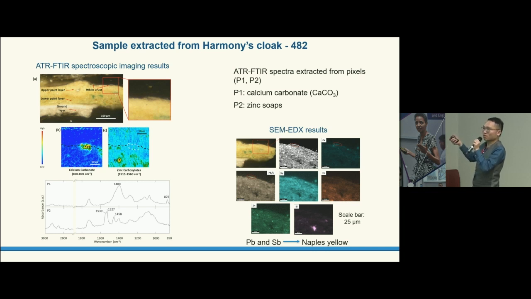So it's the original material from the pigments the artist used. I remember that this kind of Naples yellow stopped being used before the late 19th century, so it was used in a very short period of time.